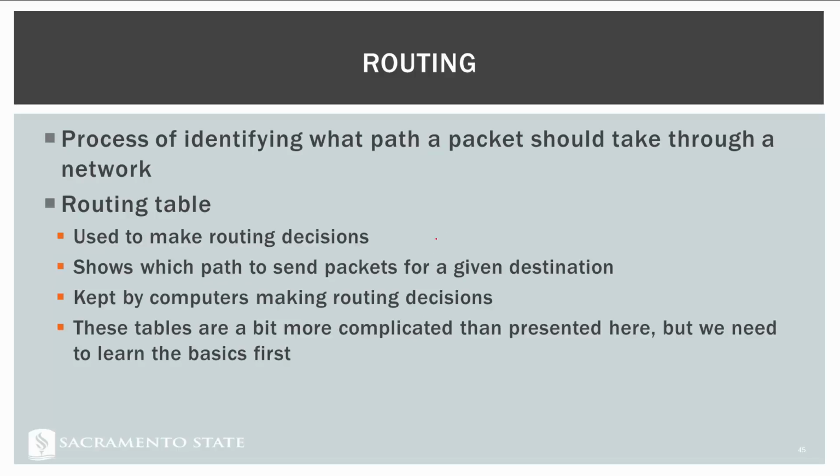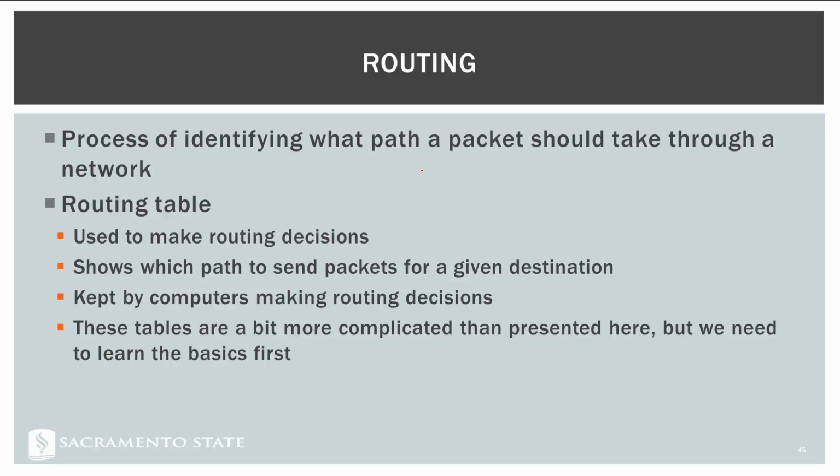All right, so we've talked about this a little bit in depth, but let's specify things here. So what a router does. A router determines which path a particular message or packet should take as it goes through the network. And the way that it does that is it uses something called a routing table. So it keeps a little list internally. It's its own little table. It's kind of a mini database that it uses to make routing decisions.